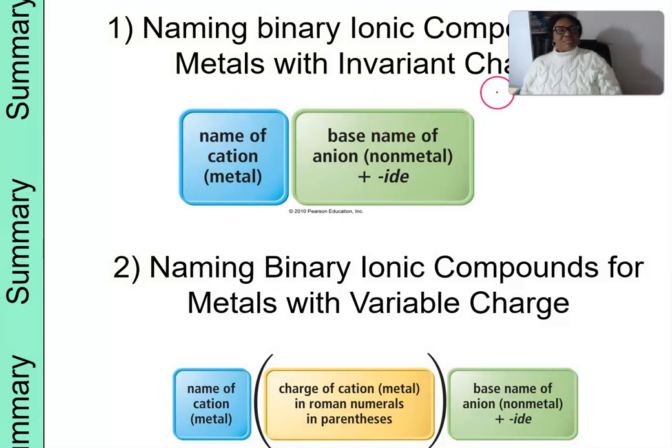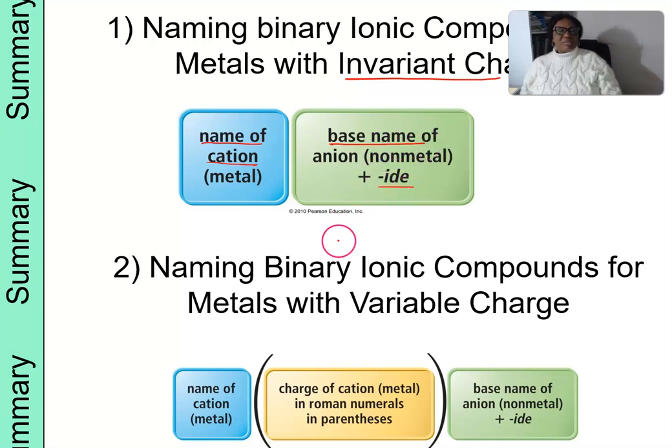So let's see how you can name binary compounds. Binary compounds have only 2 elements. So binary ionic compounds have only 2 elements. We want to name the binary ionic compounds in which we have metals and the charge is invariant. So you write the name of the cation, which is the metal, and the name of the anion, which is the base of the non-metal plus IDE.